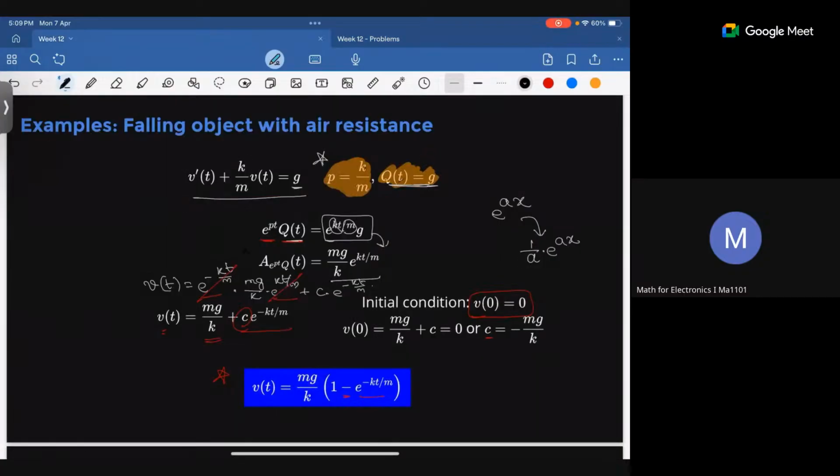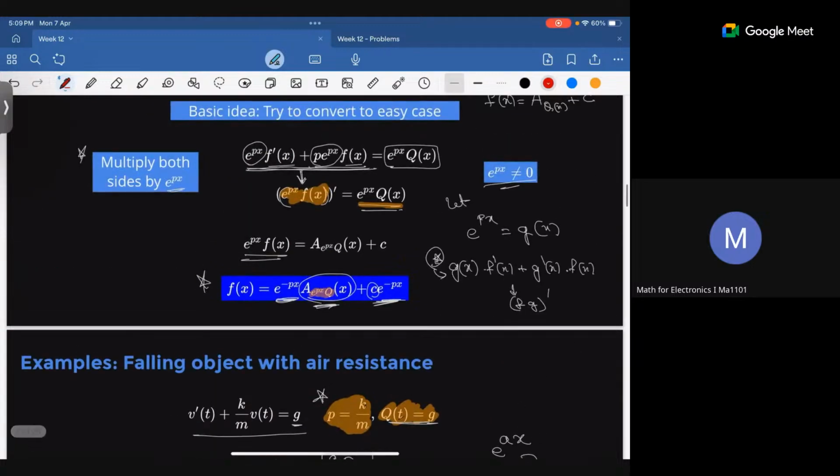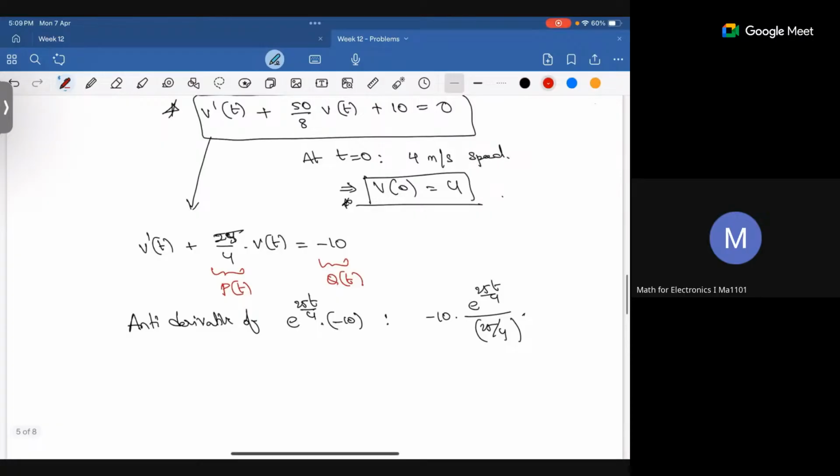Right, so that will be the antiderivative. That will be the first step, finding the antiderivative. Once you have the antiderivative, you write the general form. The general form will be e power minus pt into the antiderivative plus c into e power minus pt. So p is 25 by 4, into t, into the antiderivative of this.